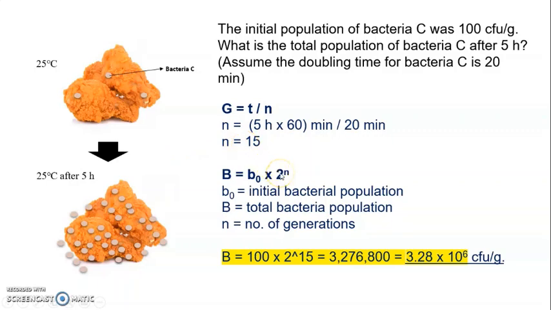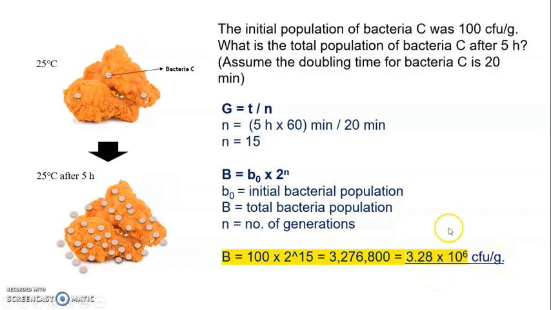Now we want to know the total bacteria population, so you just plug in the numbers. This is the initial bacteria population times 2 to the exponent of the number of generations. Then you get this result, and you bring it to the closest 2 decimal points. Then you get a final answer of 3.28 times 10 to the 6 CFU per gram.